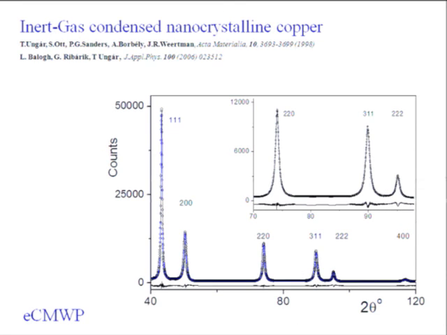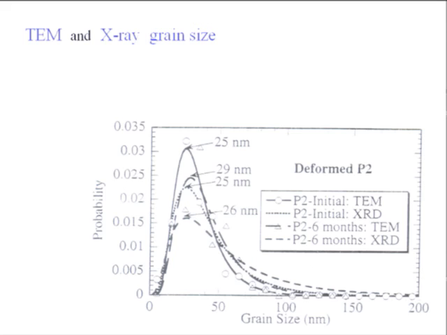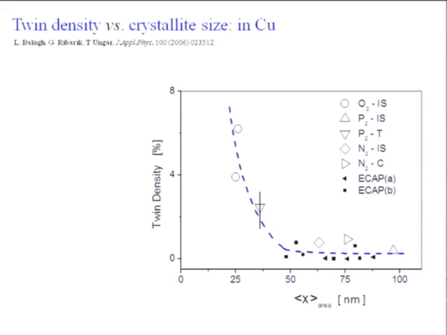This is the diffraction pattern, with relatively narrow peaks, but still you can extract the dislocation density and the twinning activity. This is just to show you that there is a good match between the TEM size distribution and the X-ray diffraction size distribution.